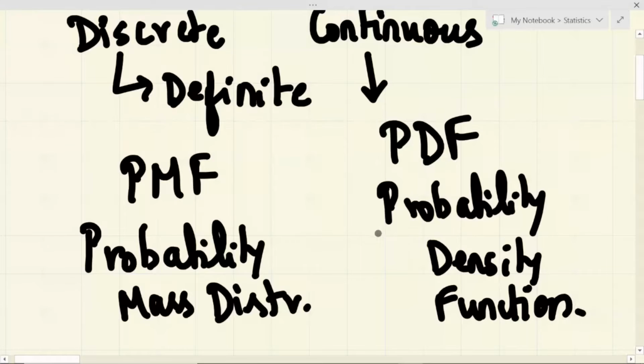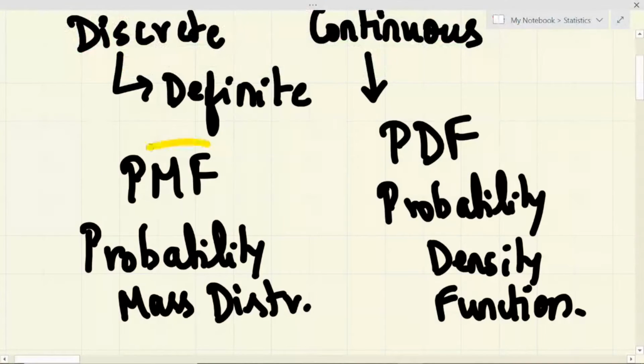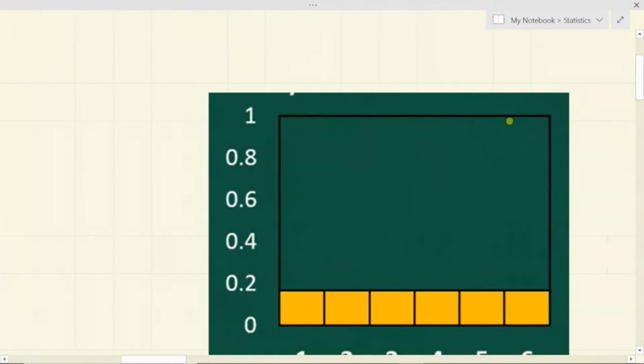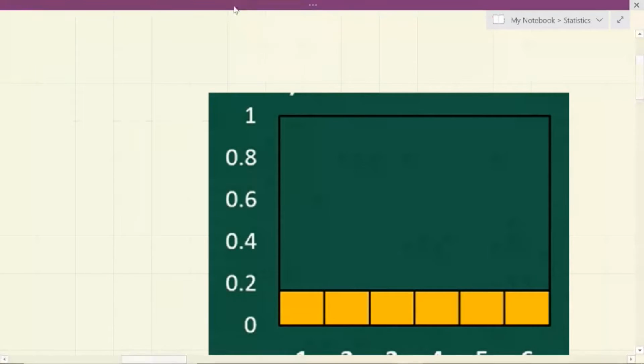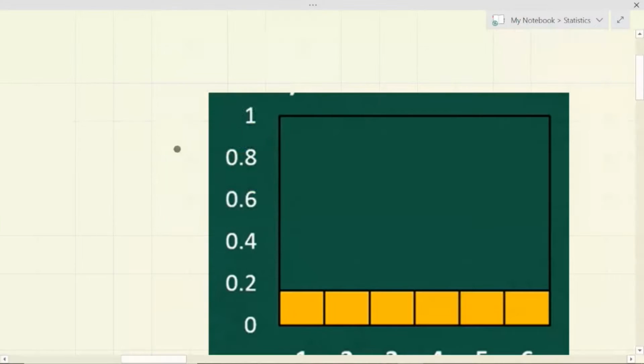Now let's look deeper into the probability mass function and the probability distribution function, and how they are plotted. Consider we are tossing a die. What's the probability of getting one?